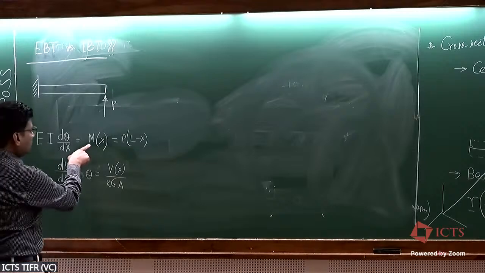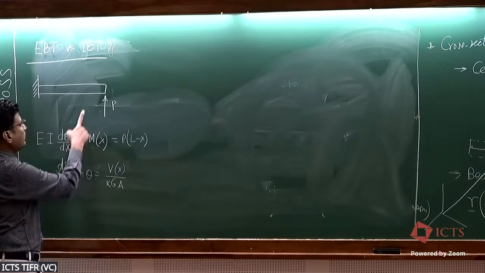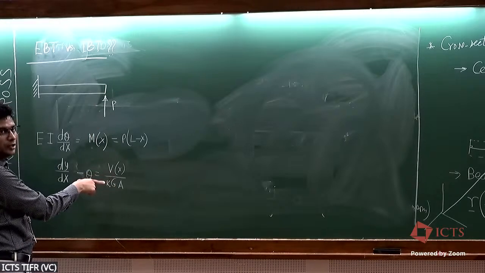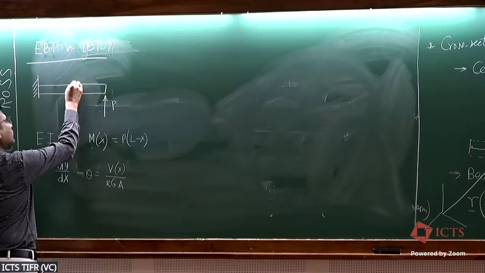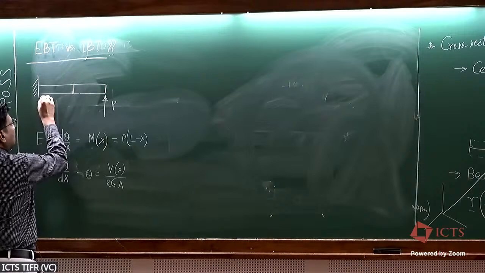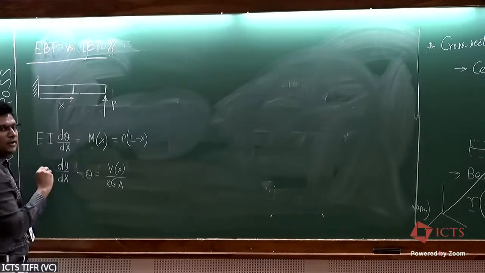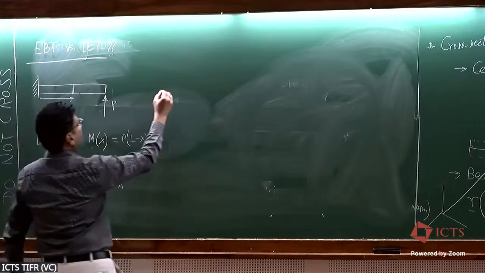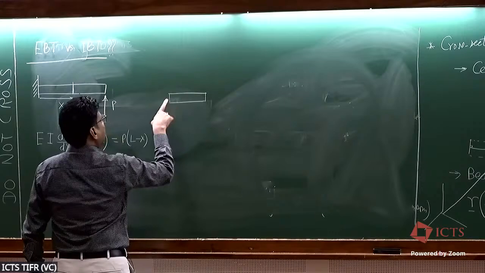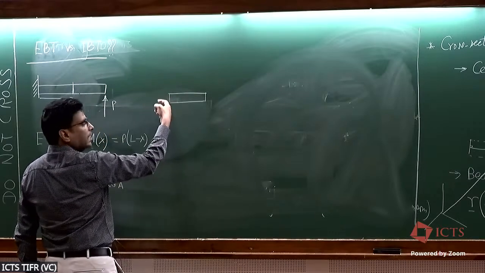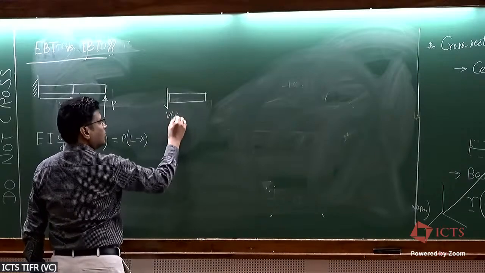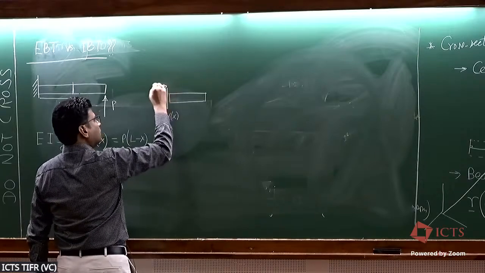So just as we found out the moment profile, how the moment is varying along the beam, we have to also find out how the shear force varies along the beam. Now, in the same way, just as you did for the bending moment, you cut a section here at a distance x from the built-in end and draw its free body diagram. This is a negative normal cross-section. So shear force is going to go down, V of x, and bending moment is going to go clockwise, M of x.